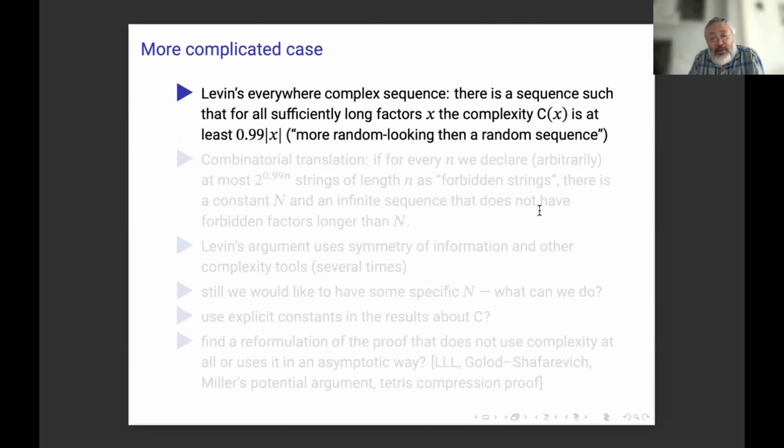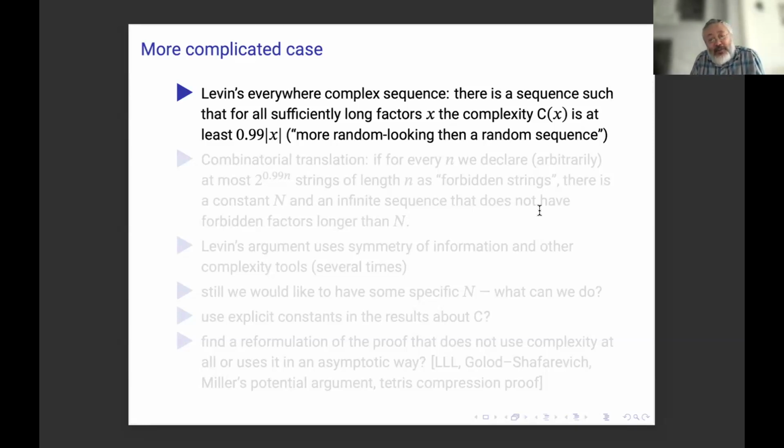It's a sequence that looks more random than a random sequence. What does it mean? If we take any long substring in the sequence of bits, then its complexity is at most its length. And of course, in a truly random sequence, we have long fragments made only of zeros, and long fragments made only of ones, and this is not true here.